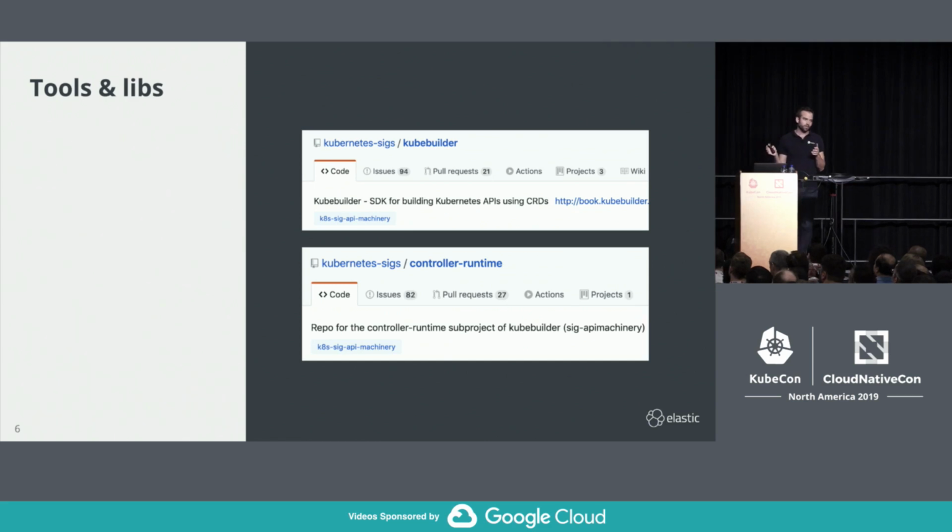To help us writing operators, there's a bunch of tools out there in the Kubernetes ecosystem. And the one I used that I found really good is Kubebuilder, maintained by the API Machinery Special Interest Group. Kubebuilder basically helps you scaffold a Golang project to build your own operator. It helps you automatically convert your internal Go model to the CRD YAML representation and bootstrap everything related to the reconciliation we talked about.